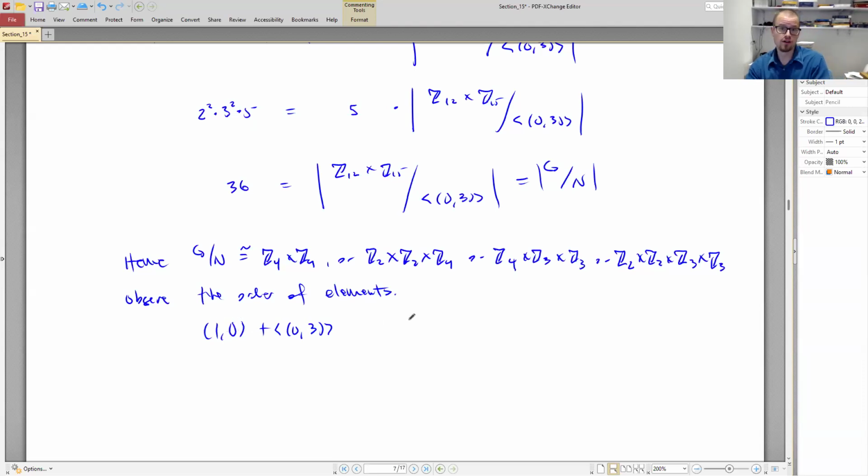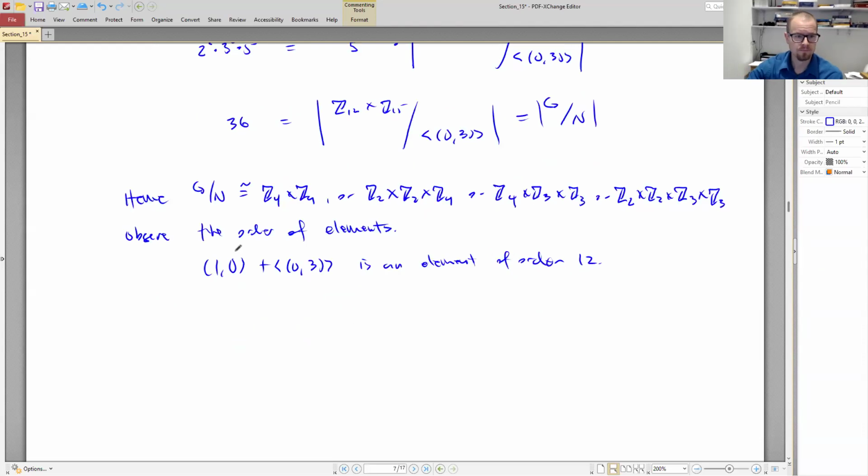Well, it's still all of Z12, well, I mean, not Z12, but Z12 within this direct product. So this is an element of order 12.